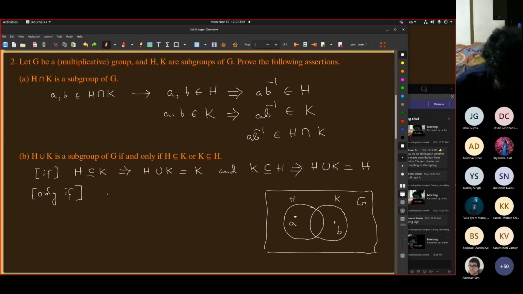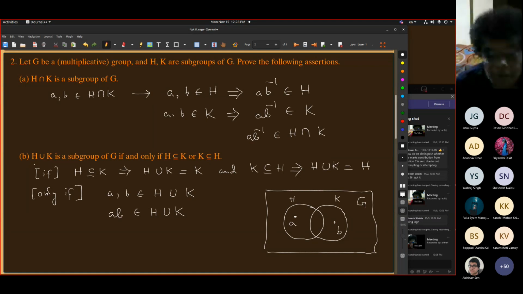A and B definitely belong to H union K, and therefore their product will also be in H union K because the hypothesis is that this is a subgroup. So this product is somewhere in this union. It will be either in H or in K.